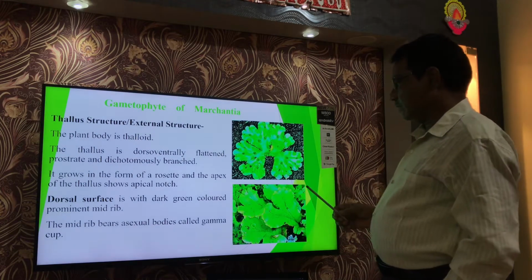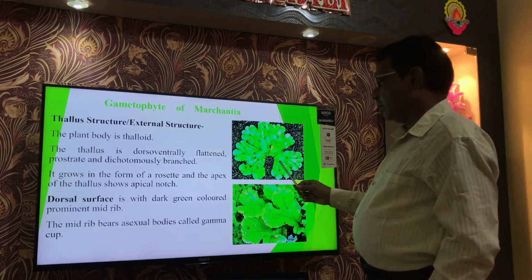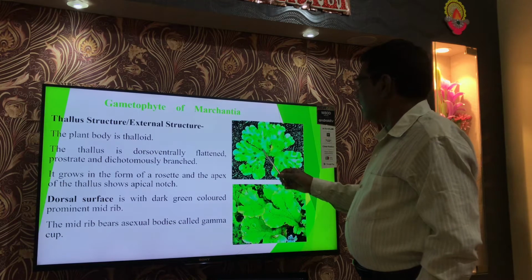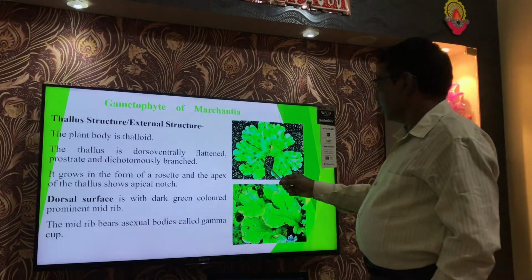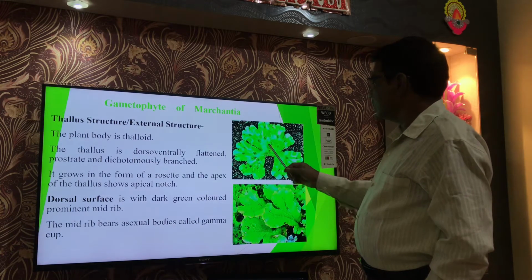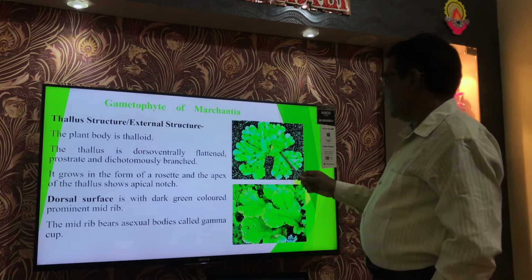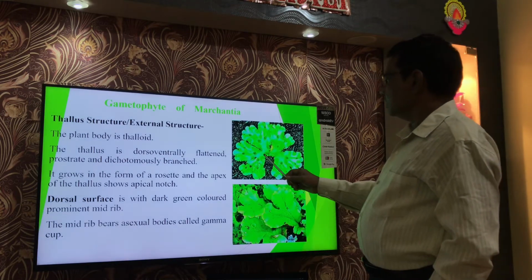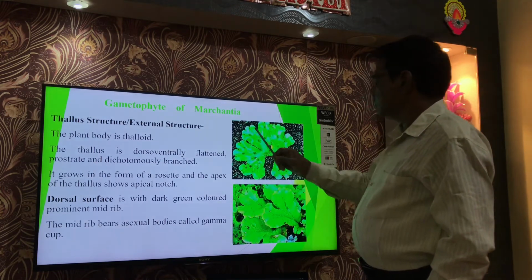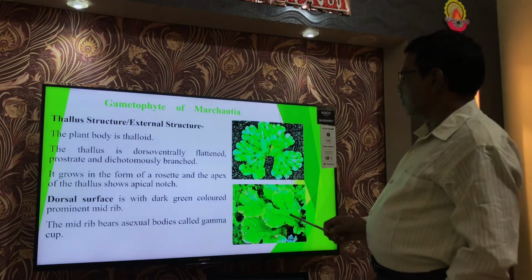On the dorsal surface, you can see a prominent dark green midrib, and this midrib is present at the center of each lobe, and towards the apical region, this midrib again shows a dichotomy.